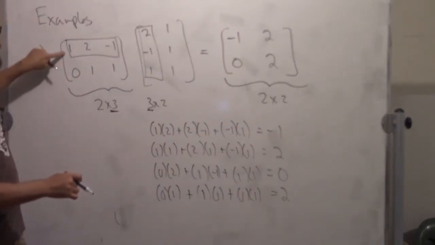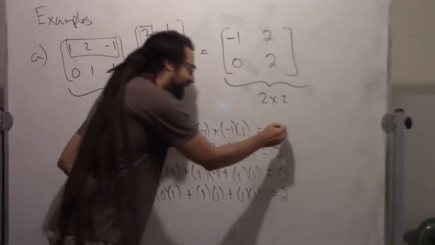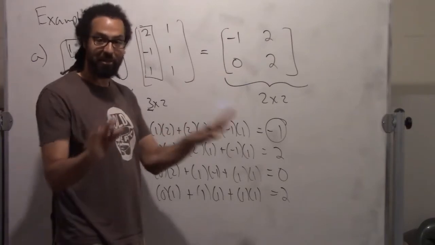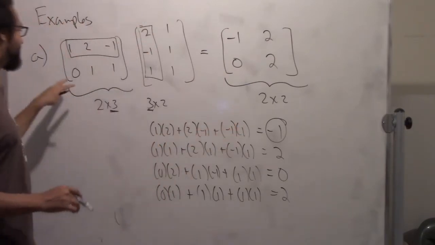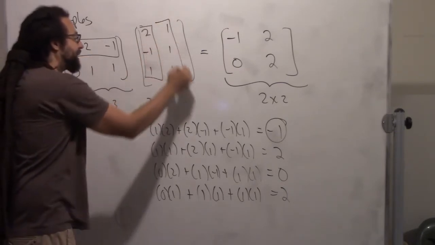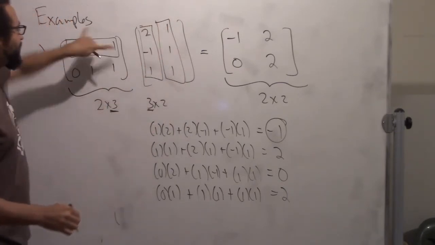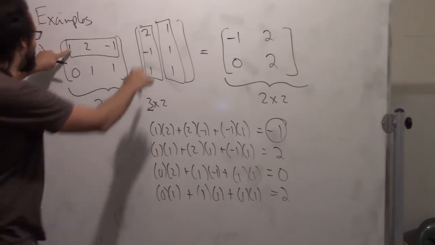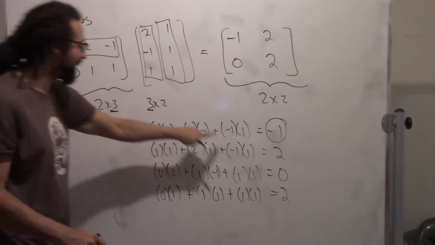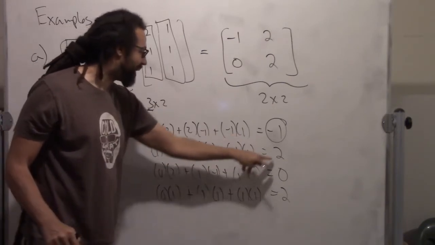Because I took row 1 and column 1, this goes in the 1,1 entry of the new matrix. Moving on, take row 1 and now look at column 2. Twist, make them match up. I get 1 times 1, 2 times 1, -1 times 1, add it all up, and I get a 2.